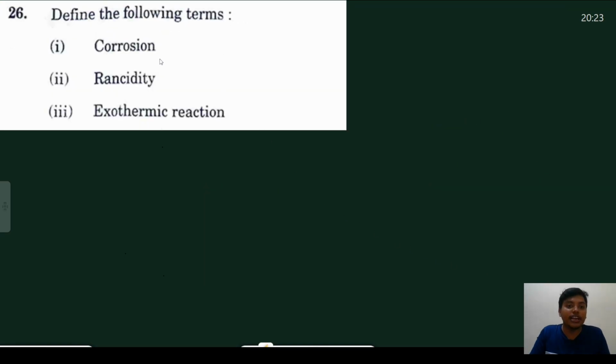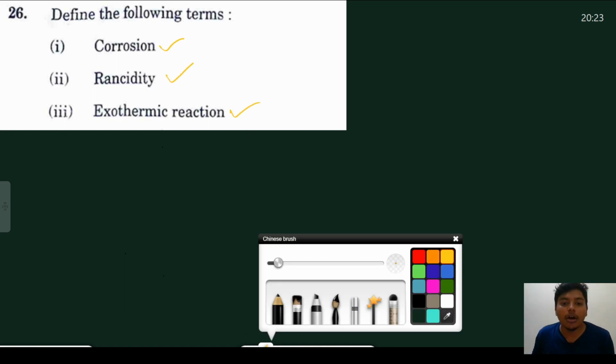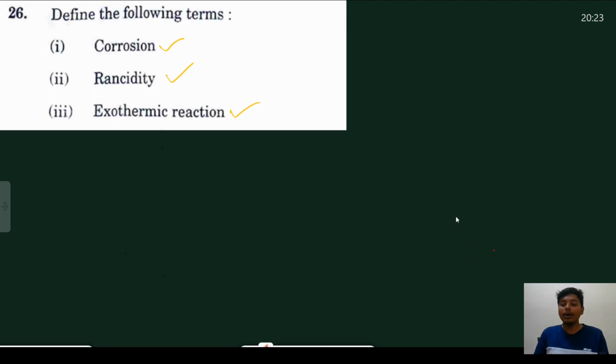They are asking the definitions of corrosion, rancidity, and exothermic reaction. Now, one by one, I am telling the definitions. Corrosion is, you have to write, a slow oxidation of metal in presence of environmental conditions.